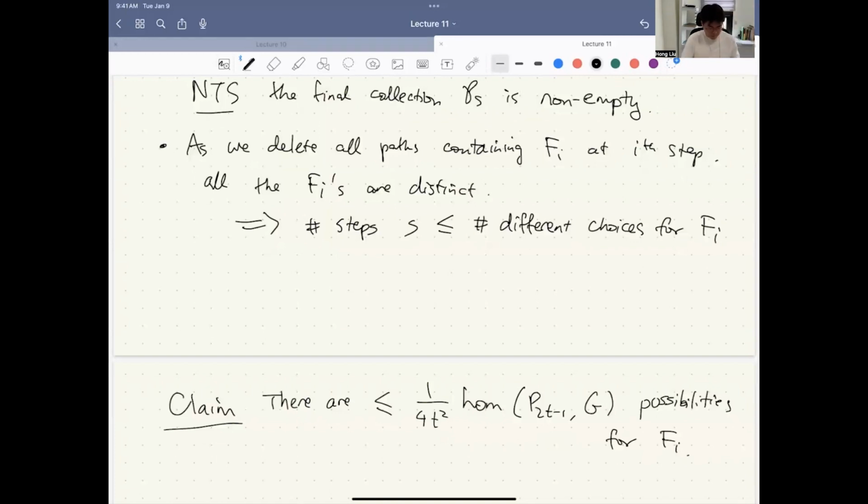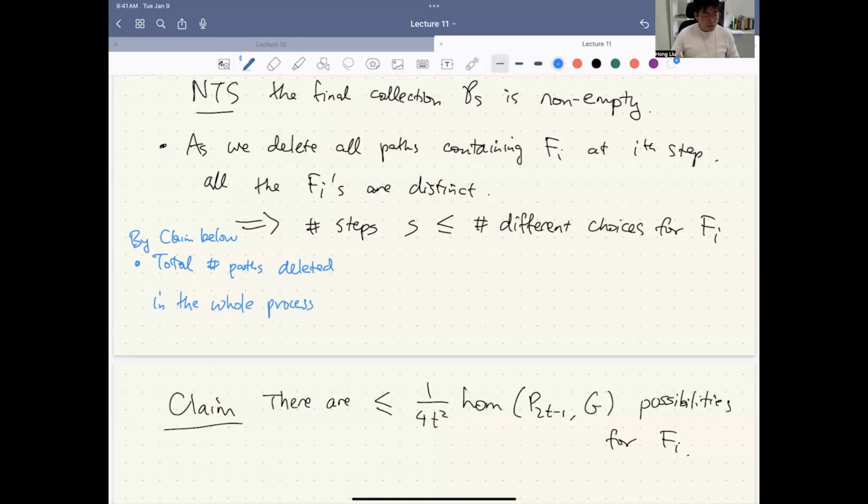If this claim is true, then by the claim below, the total number of paths deleted in the whole process is at most the number of steps times alpha.